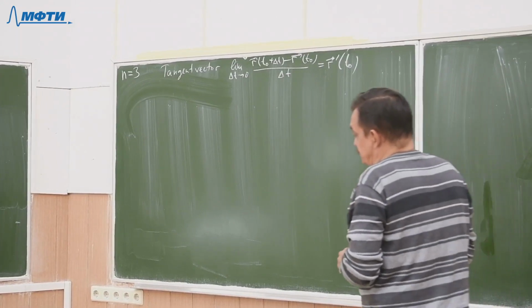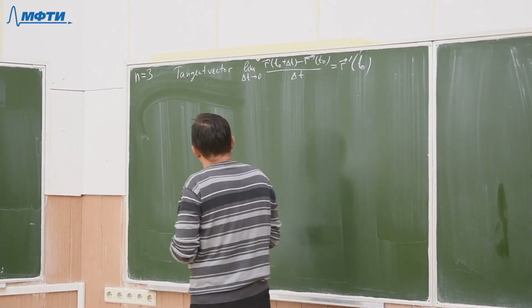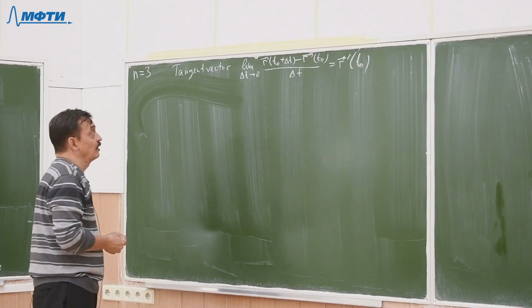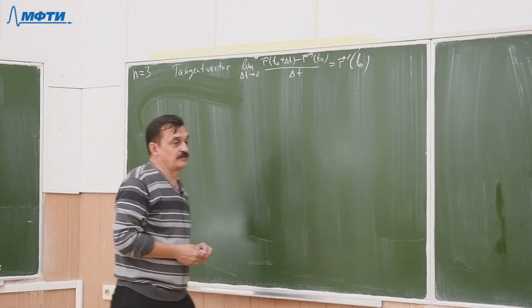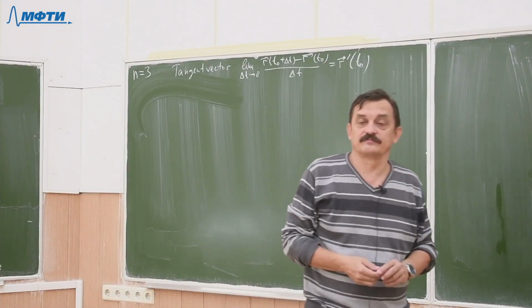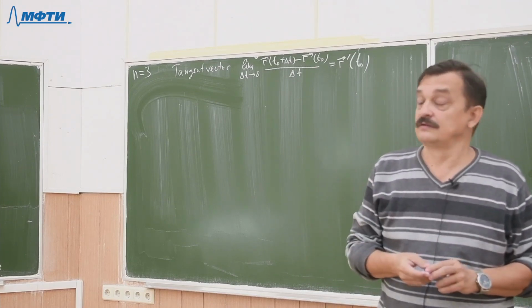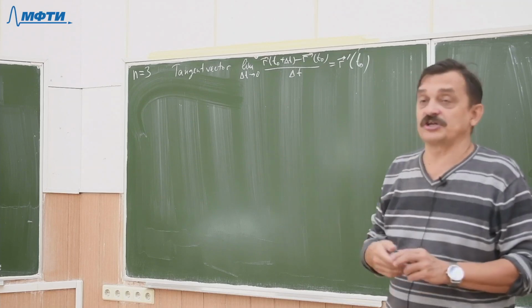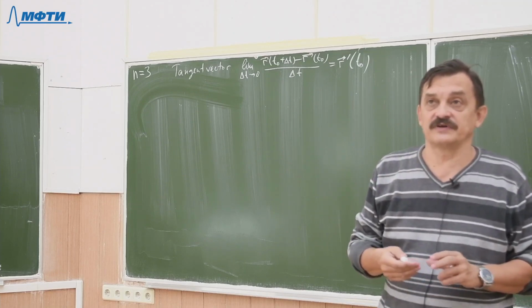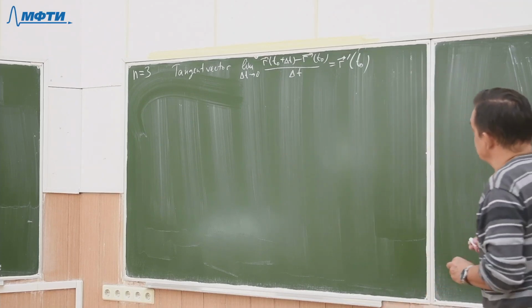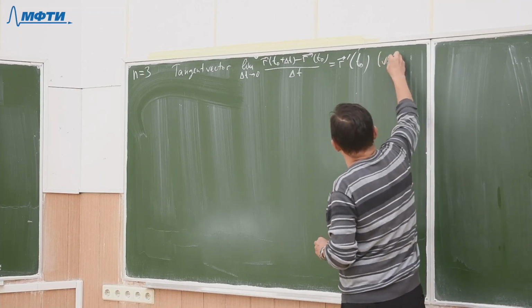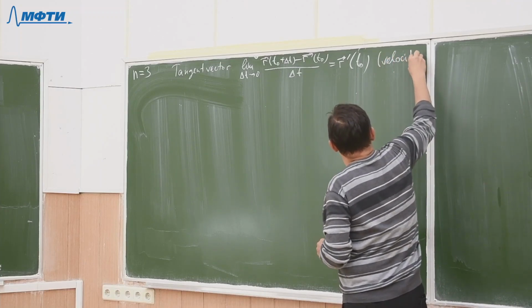Of course, this is not yet a unit tangent vector. And by the way, what is the physical meaning of this vector? If r represents the trajectory, then there is a natural physical sense. Namely, this is velocity. Velocity vector.